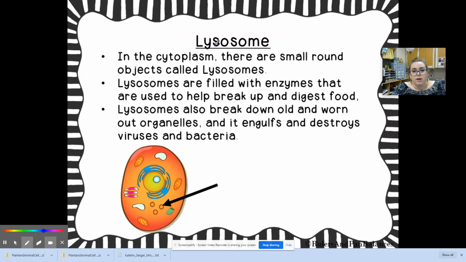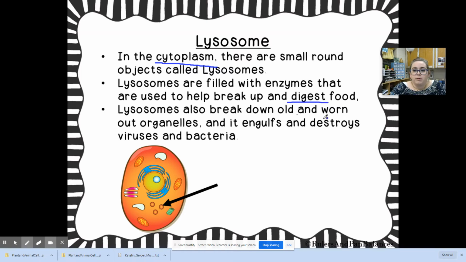Next, we have our lysosome. In the cytoplasm, there are small round objects called lysosomes. Lysosomes are filled with enzymes that are used to help break down and digest food.